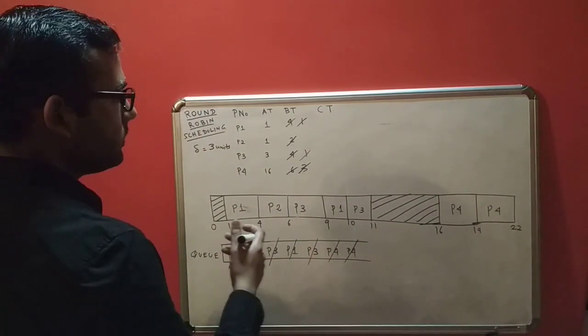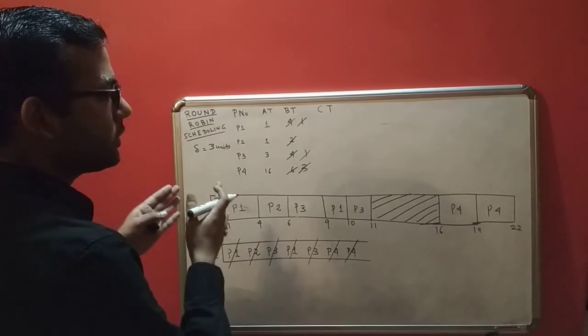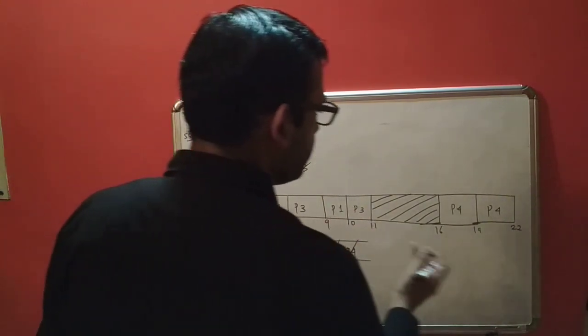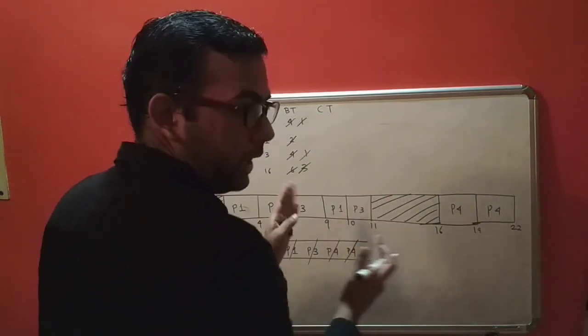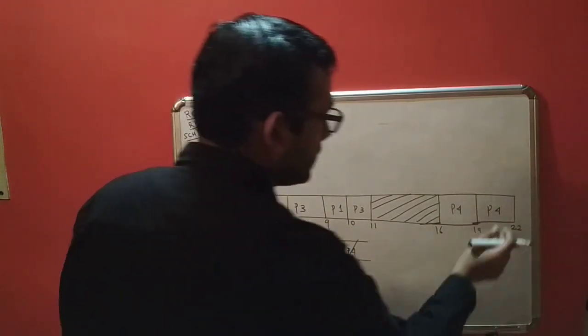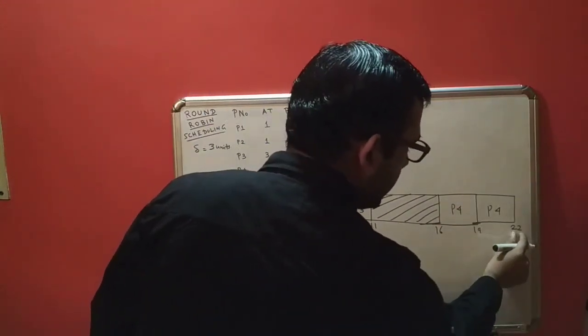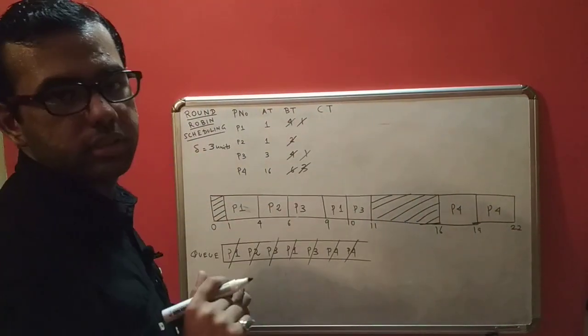Now, in order to find the completion time of such preemptive scheduling algorithms, you should look at the Gantt chart from right to left, not from left to right, and the first end time that you find for a slot will be the completion time of that process.